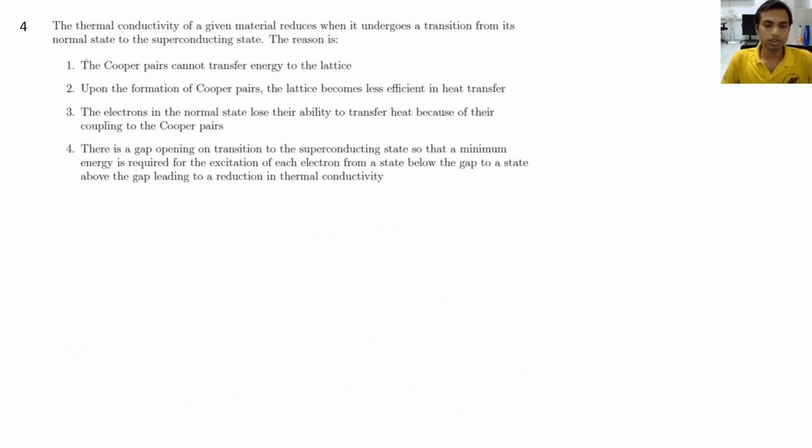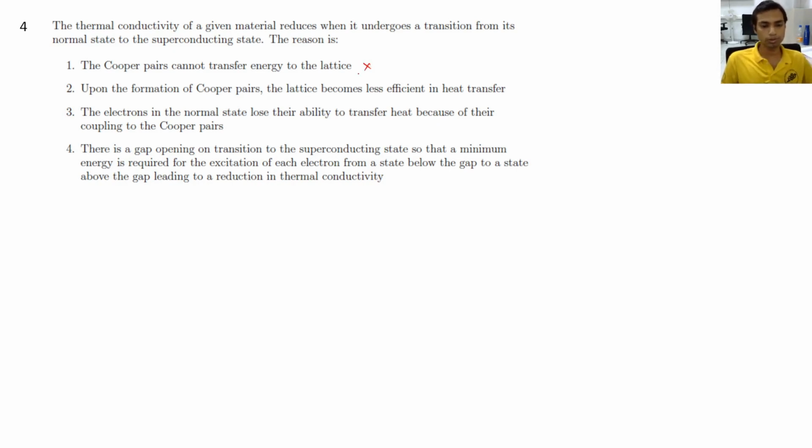The thermal conductivity of a given material reduces when it undergoes transition from its normal state to its superconducting state. The Cooper pairs cannot transfer energy to the lattice. This statement is false. The Cooper pair can still transfer energy to the lattice.